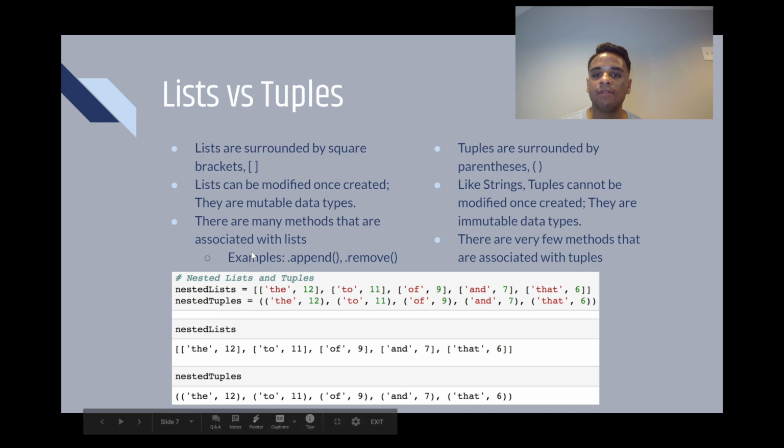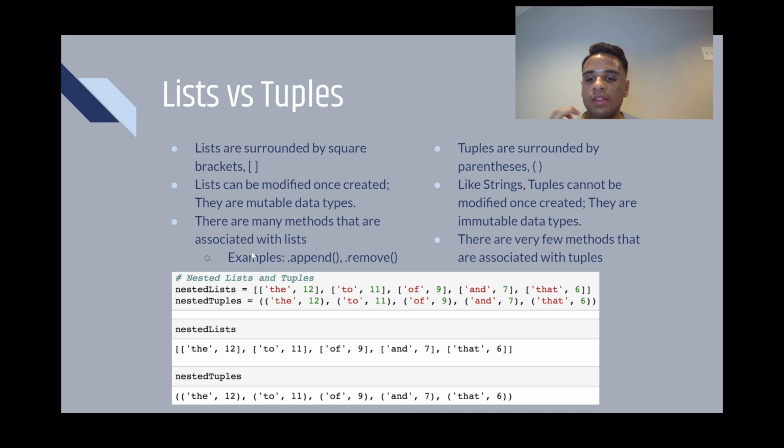And lists can be modified once created. So this is an exception from strings. Strings are immutable, but lists are mutable, meaning you could modify a list or add to a list or remove an item from the list once it's defined, because they are mutable data types.